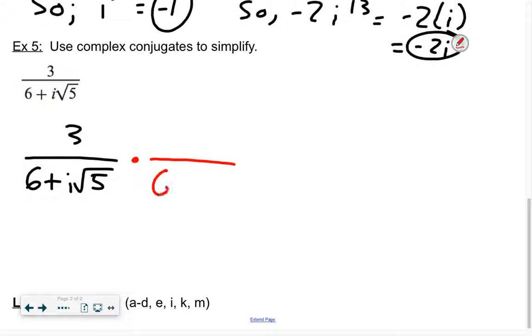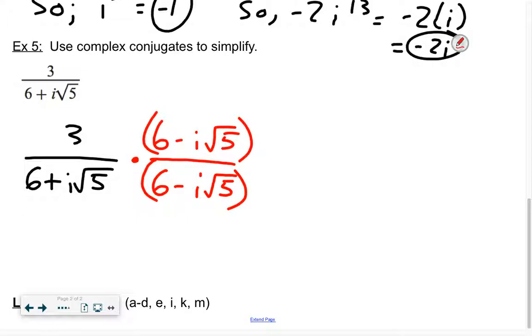Keep the first term the same, but change the sign in between. Now the good news is our rule with conjugates still falls into place here.